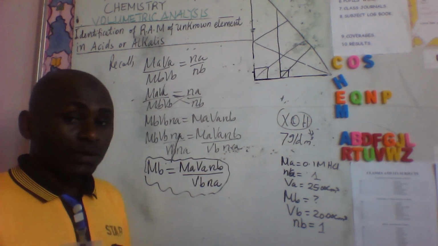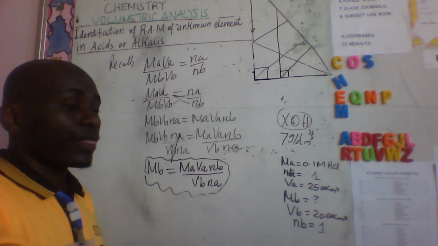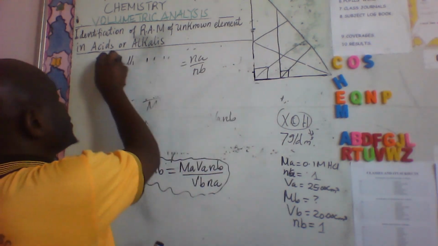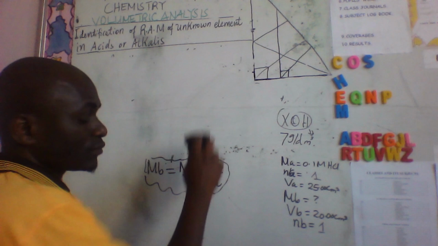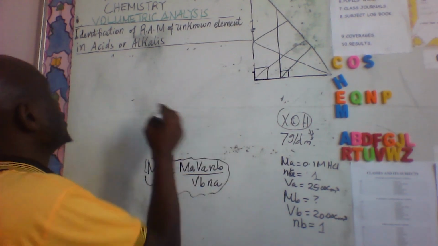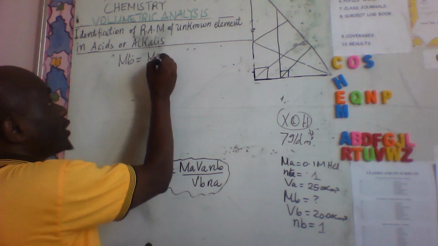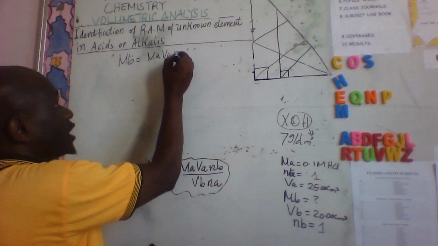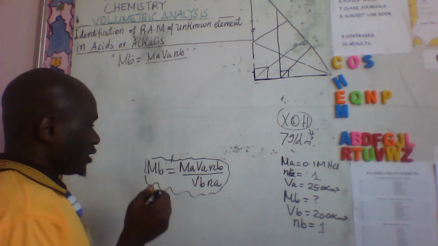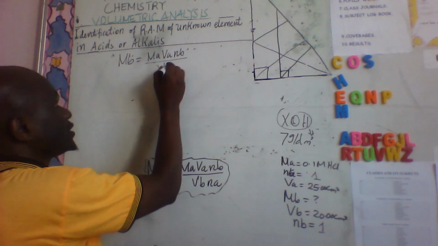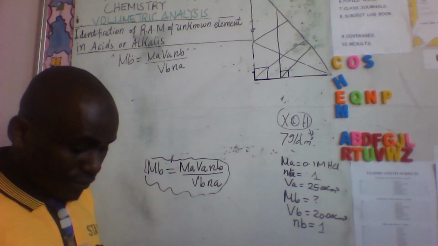So let us see how it is. Molarity of base is equal to molarity of acid, volume of acid, number of base over volume of base, number of acid.